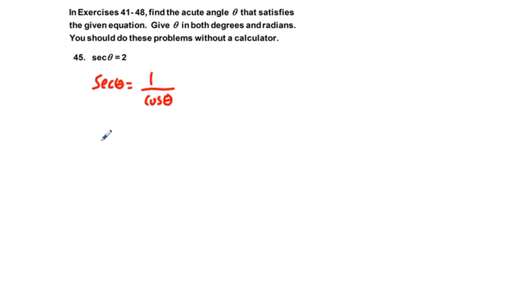And since cosine theta is equal to adjacent over hypotenuse, then secant theta is going to be equal to hypotenuse over adjacent.